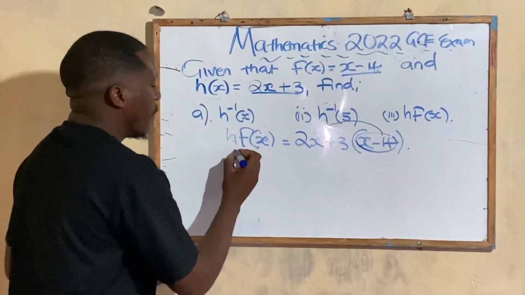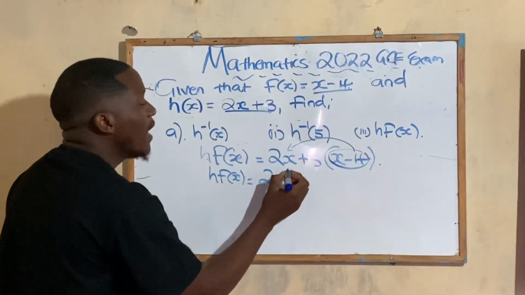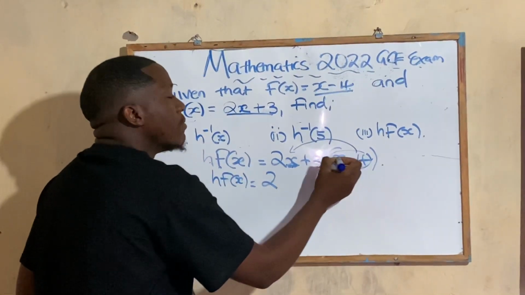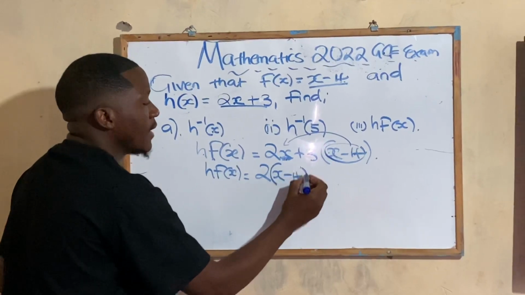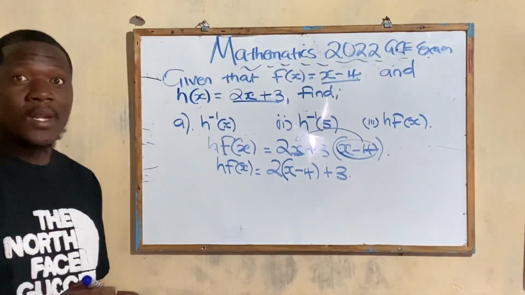Which means if we say h of f of x, it means 2. The value of x in the first expression will always be what is in the brackets. So you introduce the bracket with what it contains. Then you say plus 3. So that is what's meant to be done.